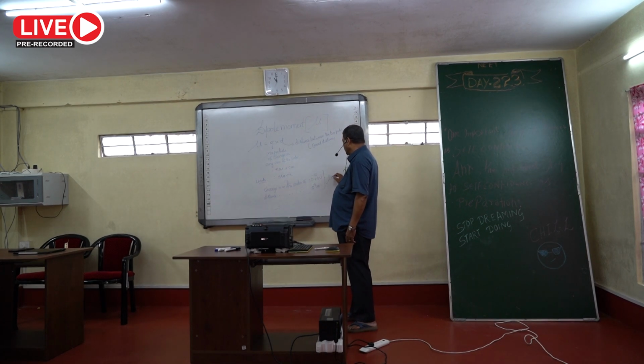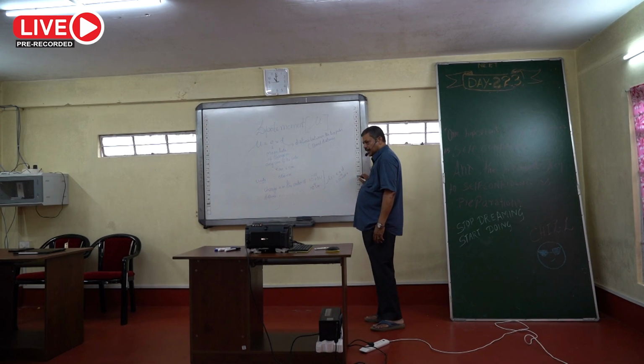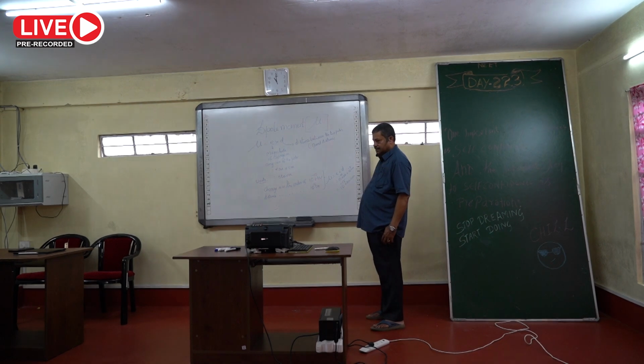So when mu is equal to e into d, we write 10 power minus 10 ESU, where ESU means electrostatic units, into 10 power minus 8 centimeters. So 10 power minus 18 ESU centimeters.